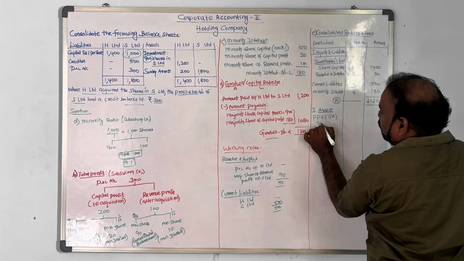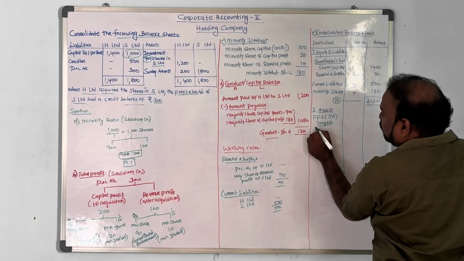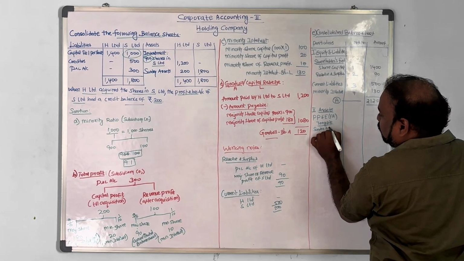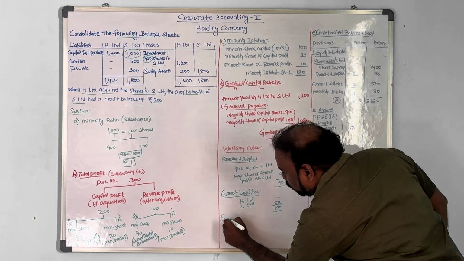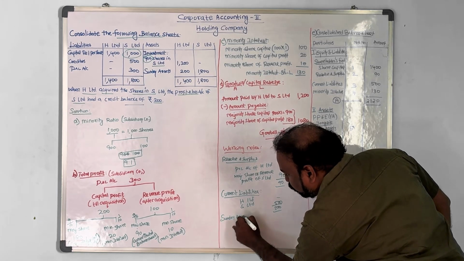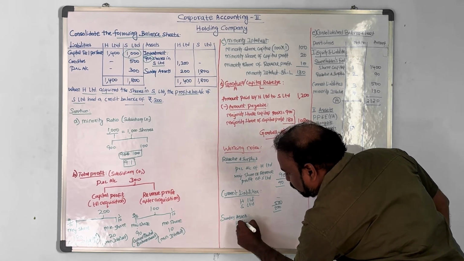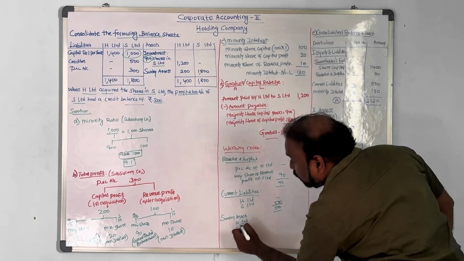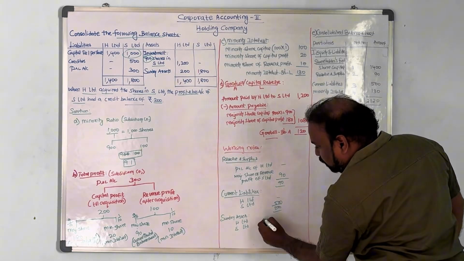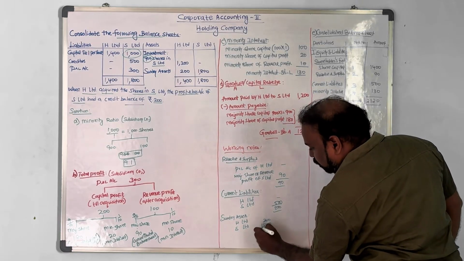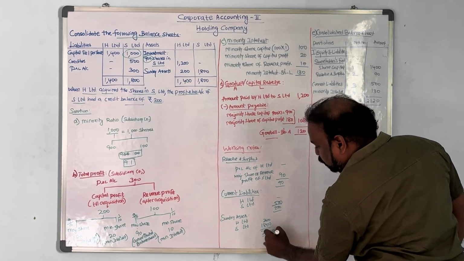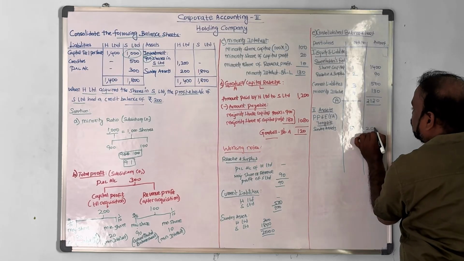First is tangible, which is sundry assets. We go with the working note. Sundry assets: H Limited 200, S Limited 1800. When you add, you get 2000.